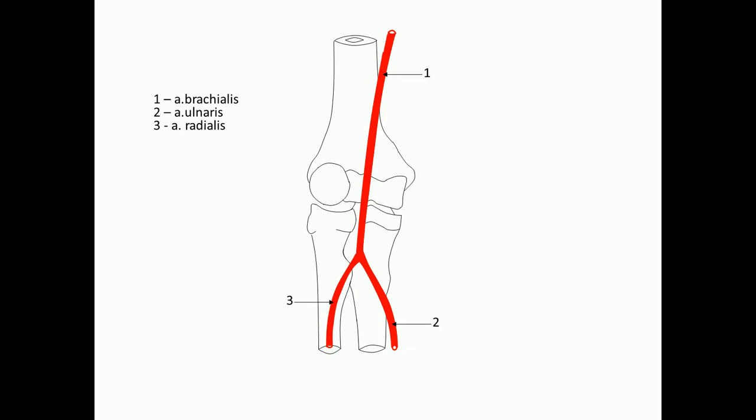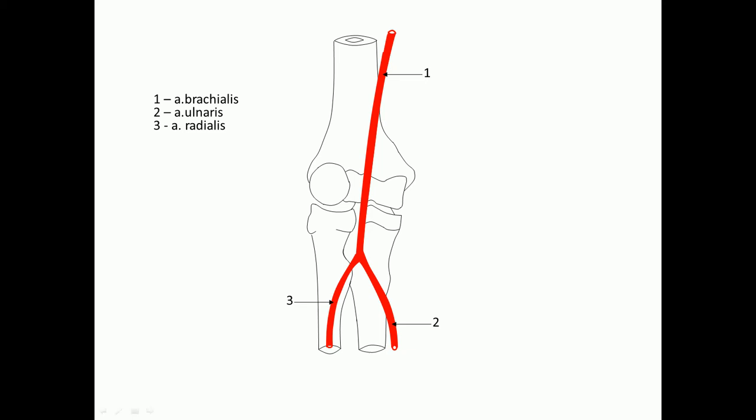It's a good possibility to declare an anatomical rule, an anatomical law: if there is one main bone in the region, for example, os humerus, the main vessel supplying it is also one. Arteria brachialis is one in account.